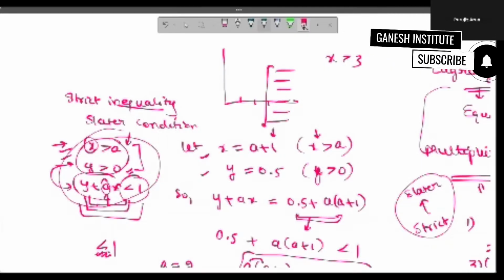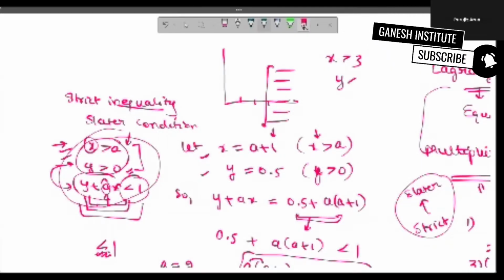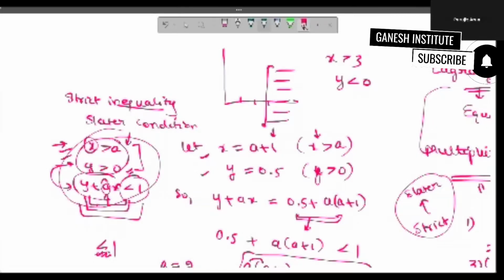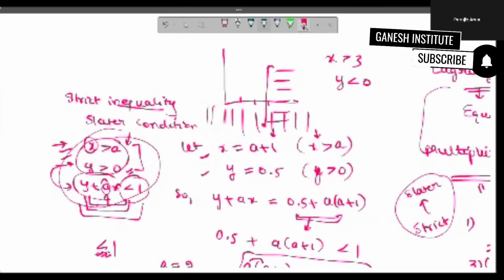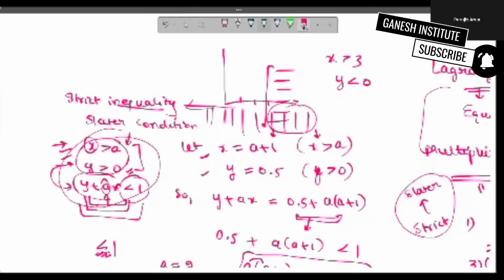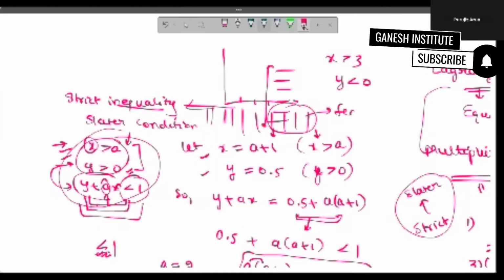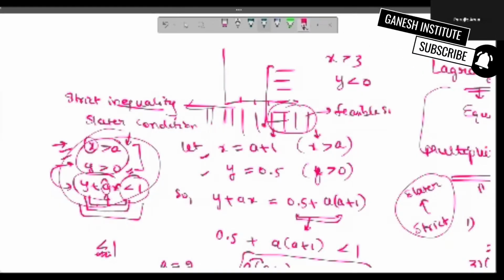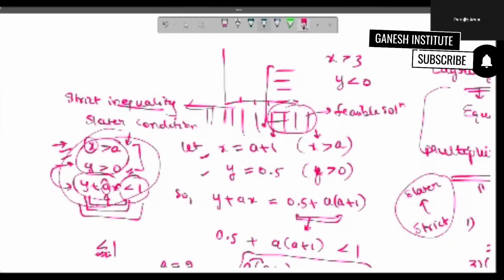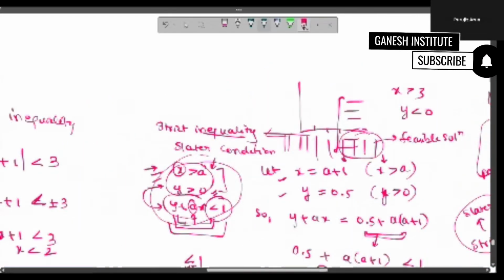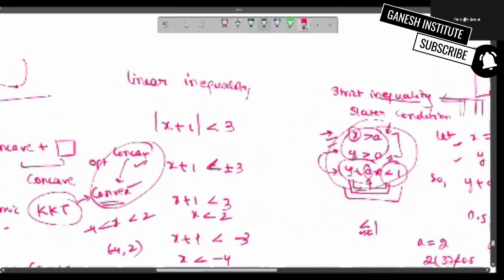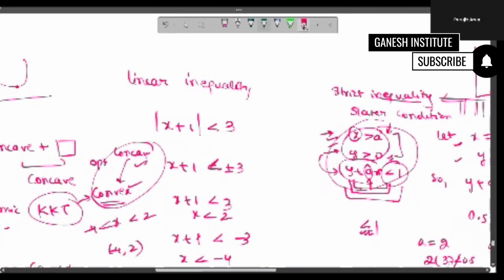Greater than 3 means this. Then I have y less than 0, so y less than 0 means this part. So my solution is where both of them lie. That means this is my feasible solution. Okay, understood. The boundary and the region within wherein the constraints hold.